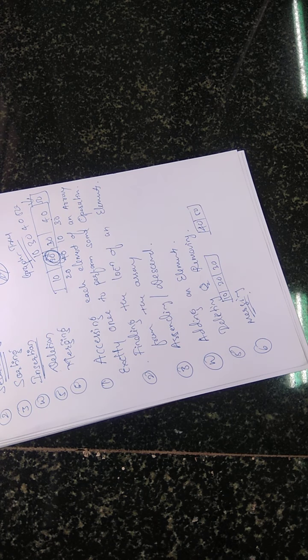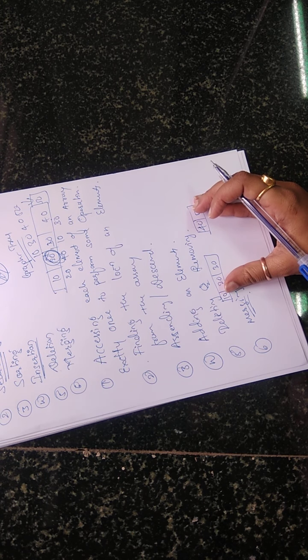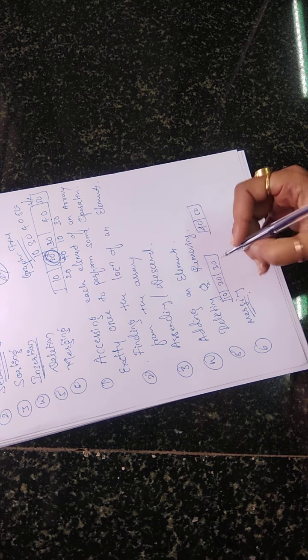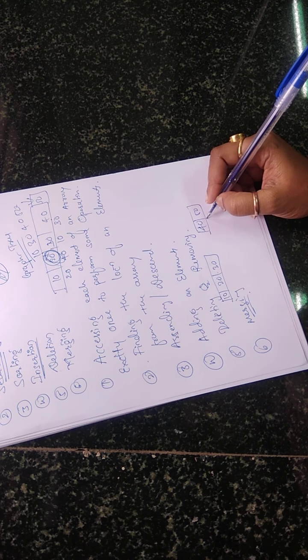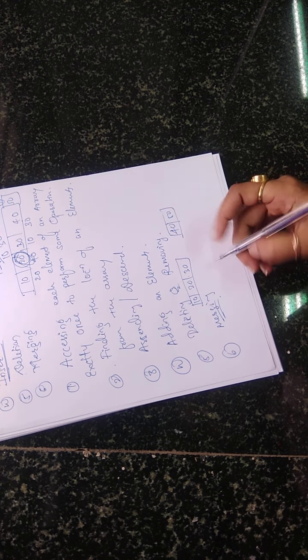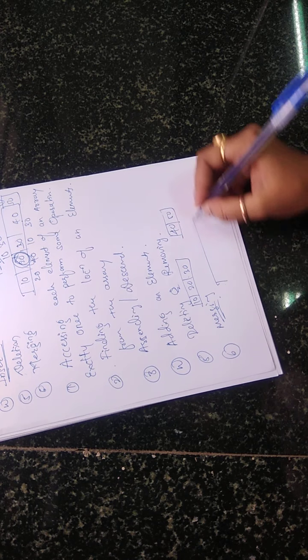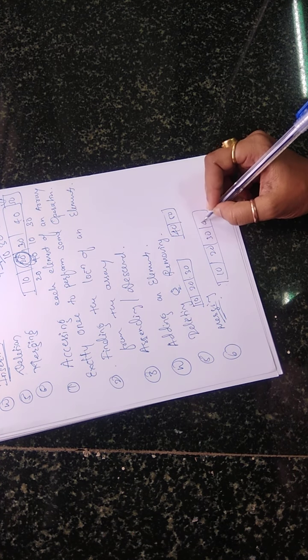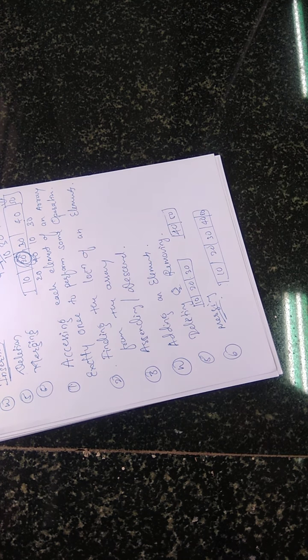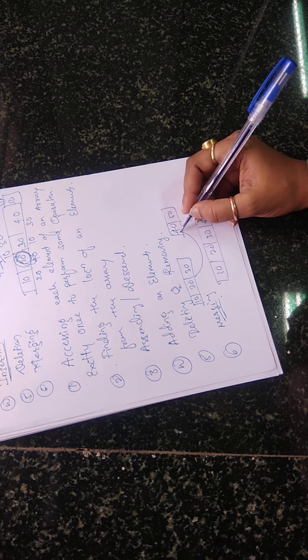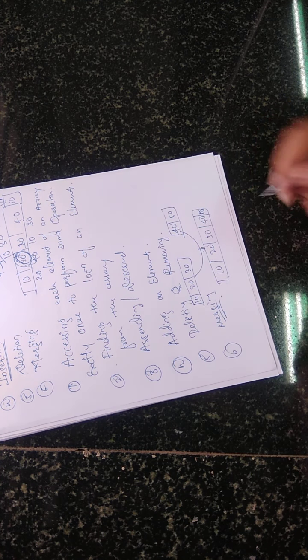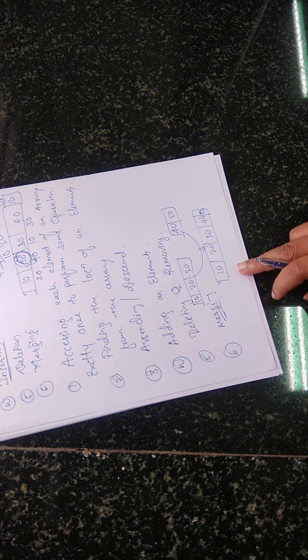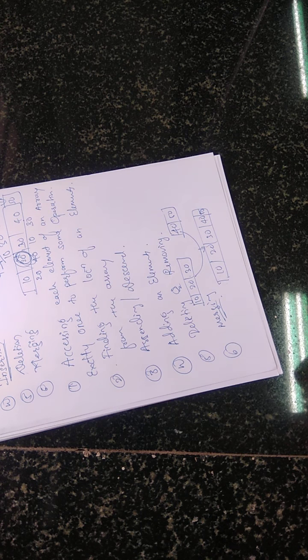Now when you combine these two arrays, you get a single array, 10, 20, 30, 40 and 50. Where earlier 2 arrays were there, now they are combined into one single array. That operation is called merging.